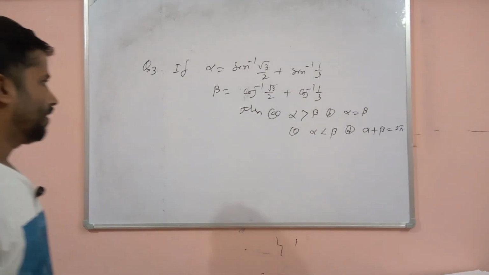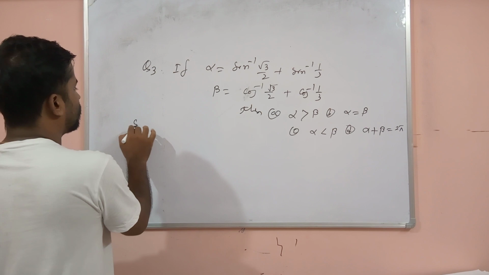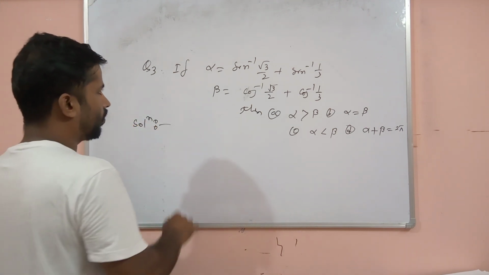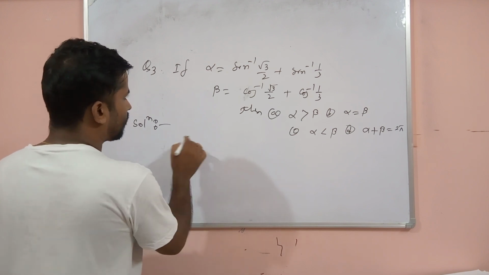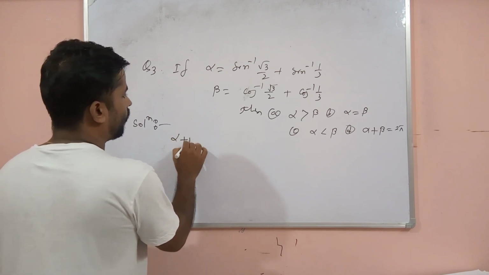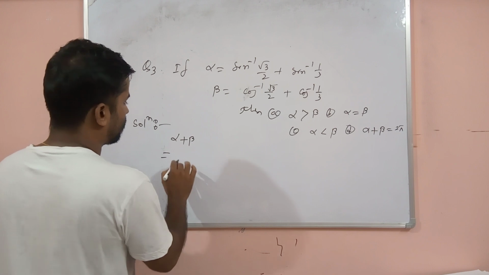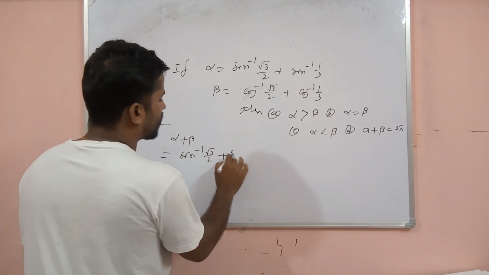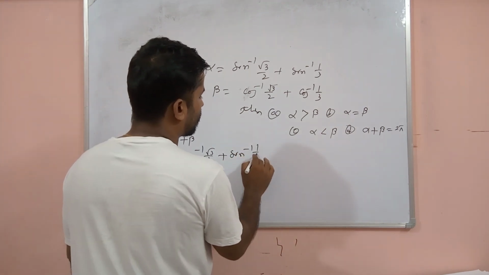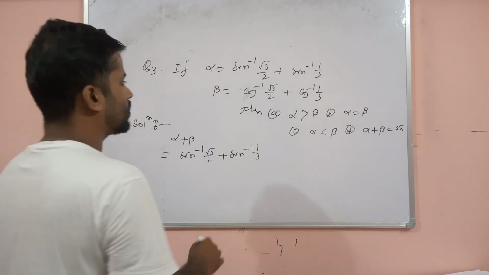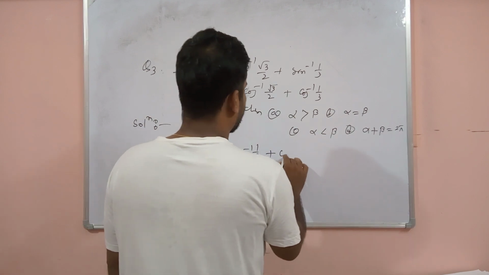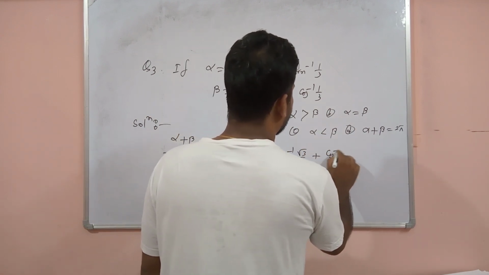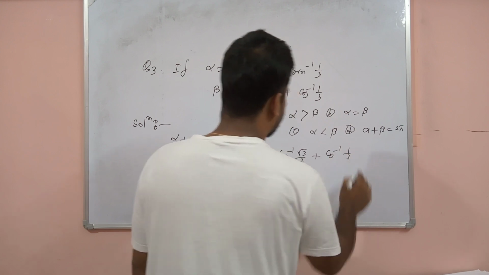Okay, let's see how to do the sum. Very easy question. All these are very easy. So alpha plus beta equal to sine inverse root 3 by 2 plus sine inverse 1/3 plus cos inverse root 3 by 2 plus cos inverse 1 by 3.